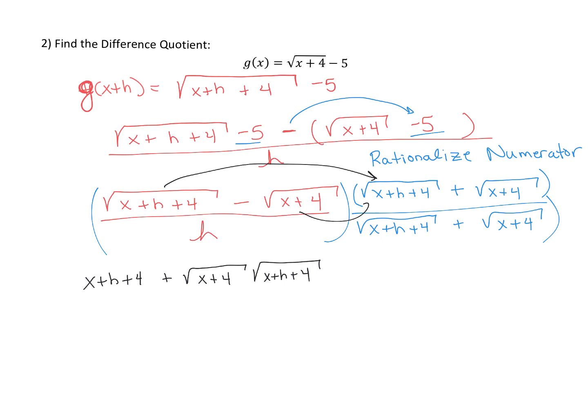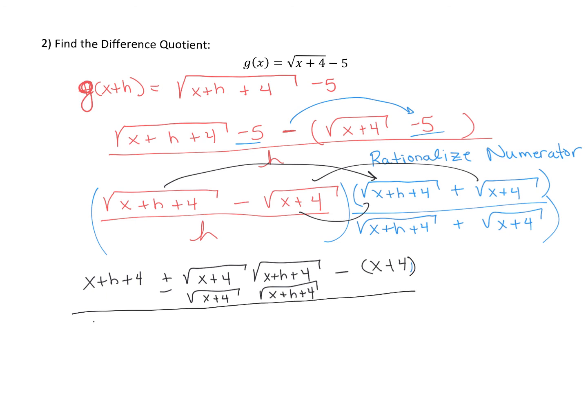When you do the insides, you'll get minus those same two things. And then when you multiply the last, you'll get minus x plus 4, all over h times the square root of x plus h plus 4 plus the square root of x plus 4.